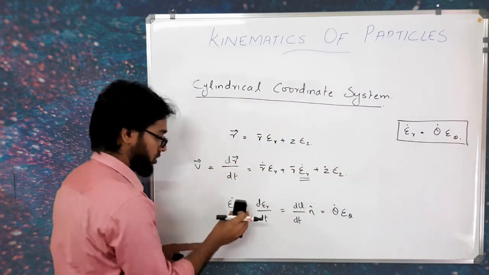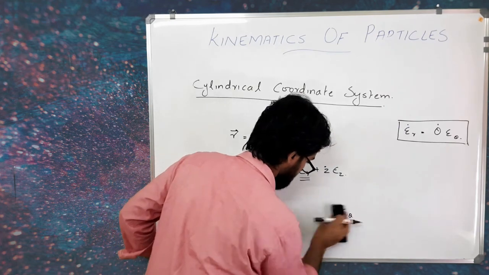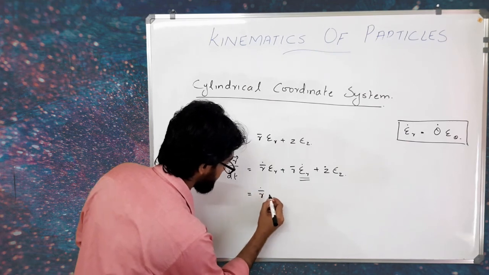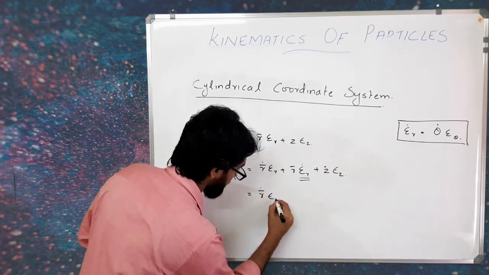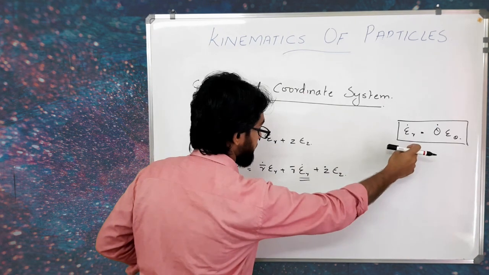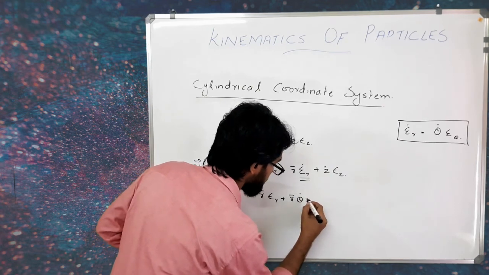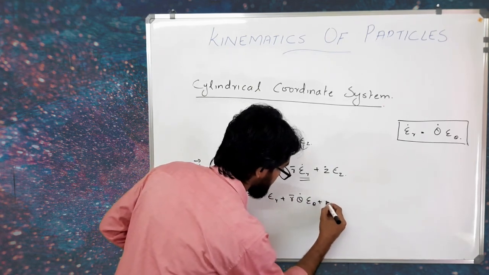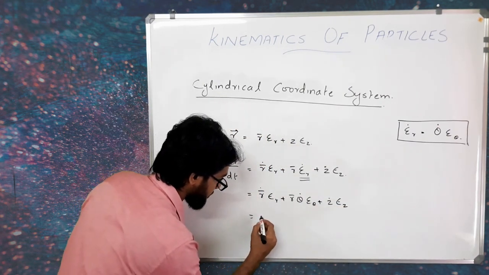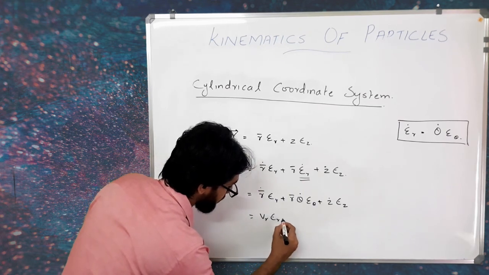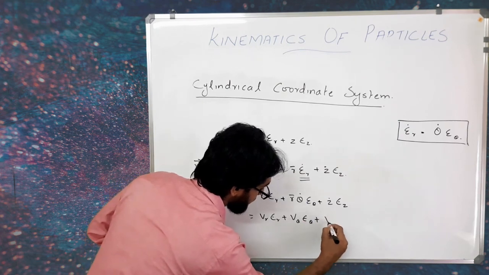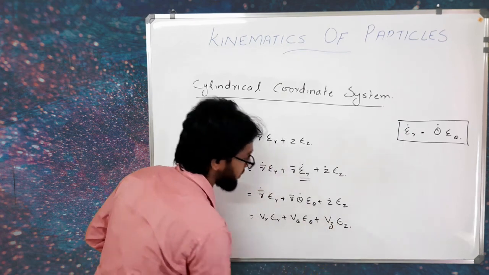So applying that equation here, I would get this as r dash dot epsilon r plus r dash into, I am replacing it here, theta dot into epsilon theta plus z dot into epsilon z. This I can represent as Vr into epsilon r plus V theta into epsilon theta plus Vz into epsilon z.